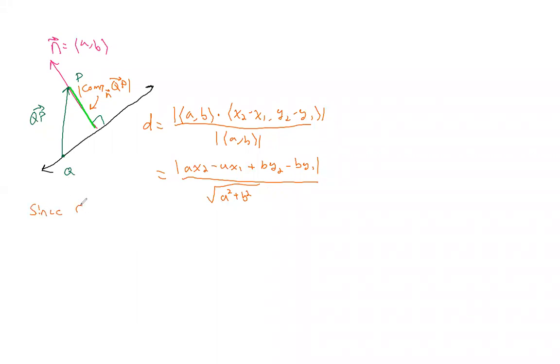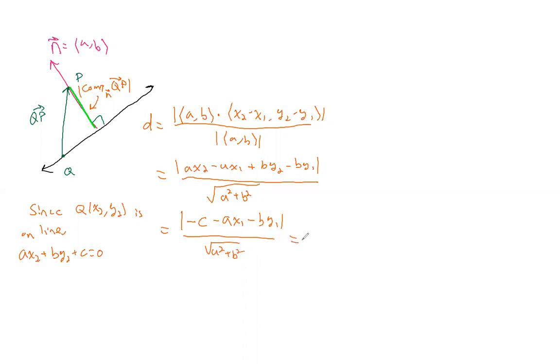Well, that c is coming from the fact that Q is this number x2, y2. And since that number's on the line, we have that ax2 plus by2 plus c is equal to 0. So here, ax2 plus by2, that whole thing's going to come out to negative c minus ax1 minus by1 over square root of a squared plus b squared.